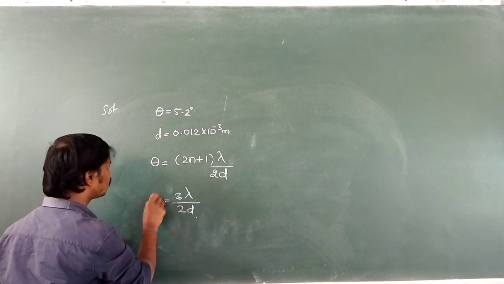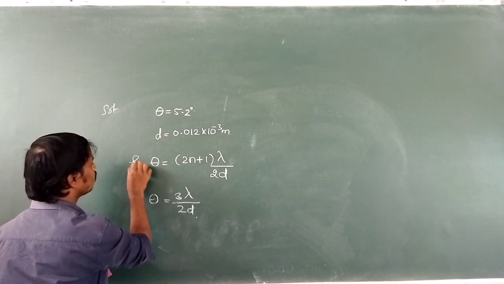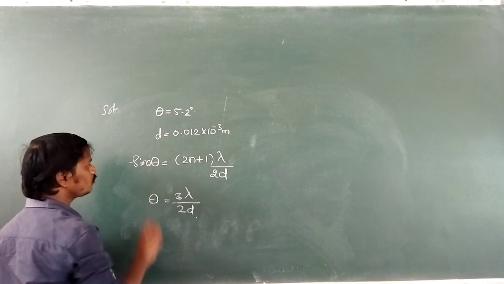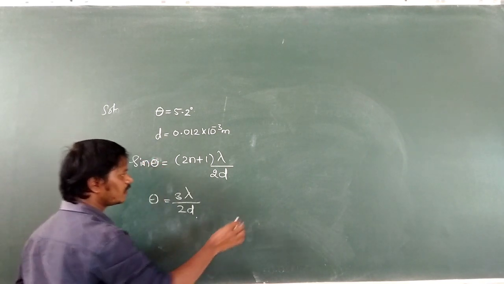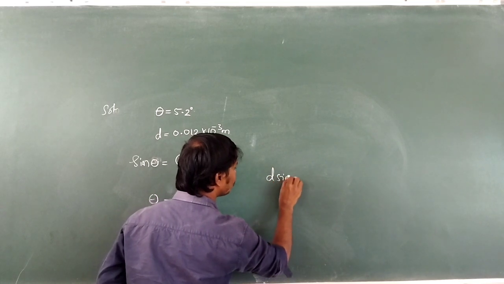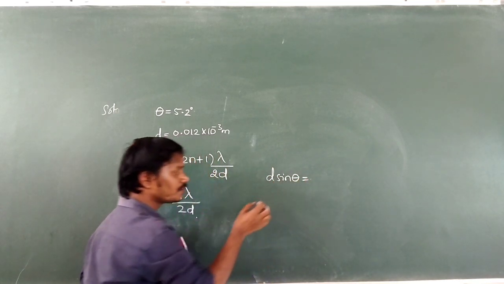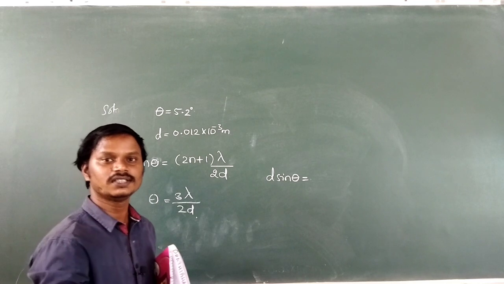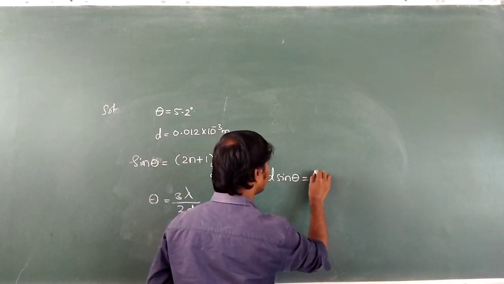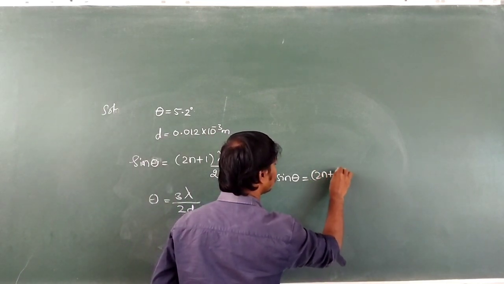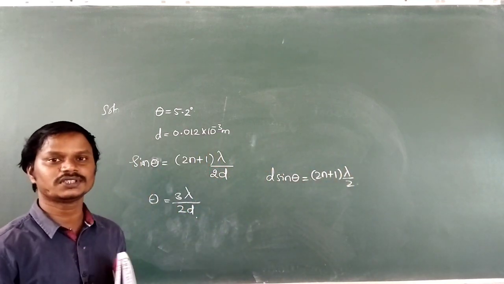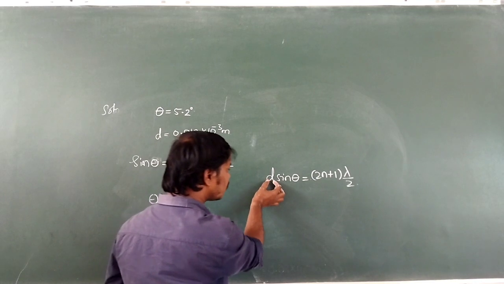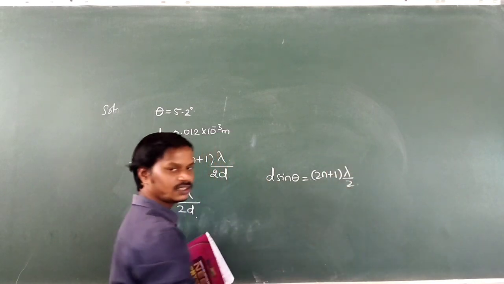Sorry, I will write it is sin theta. Because here d sin theta is equal to (2n plus 1) lambda by 2, it is the formula used to find the angular position of the diffraction maxima. I will take this d to the right hand side, that comes to the denominator.